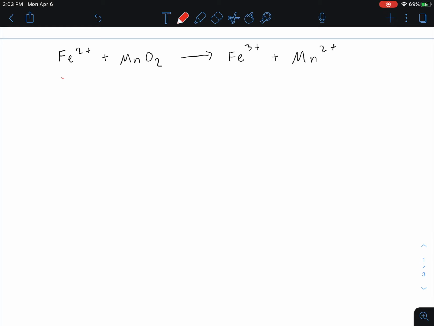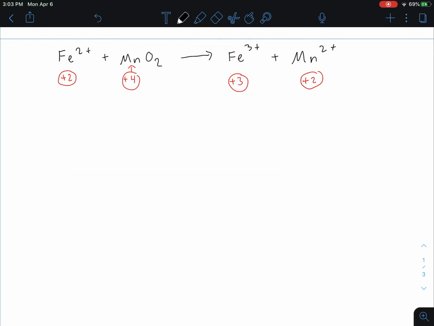Iron 2, so we know that's +2. MnO2, so oxygen is -2 and there's 2 of them, so that makes the manganese +4. Iron 3, of course, is just +3, and then Mn2 plus is just +2.